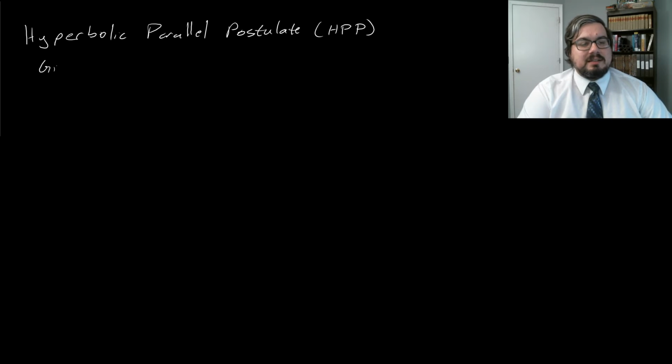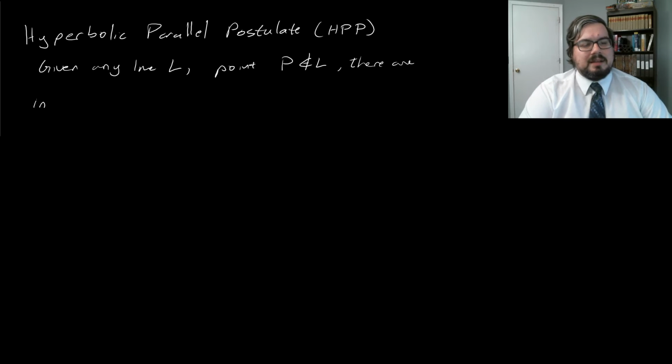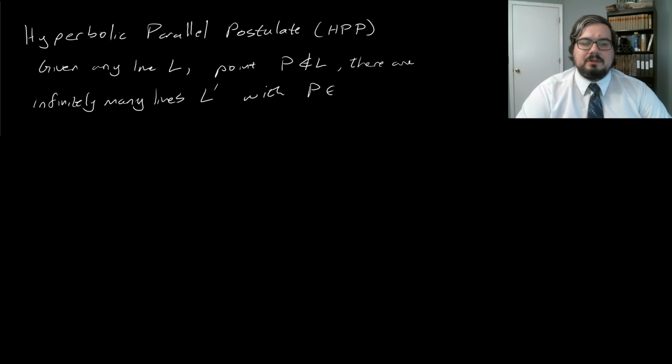Or more precisely, given any line L and point P not on L, there are infinitely many lines L prime with P belonging to L prime and L prime parallel to L.